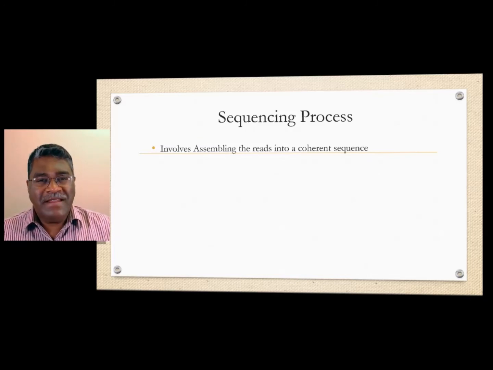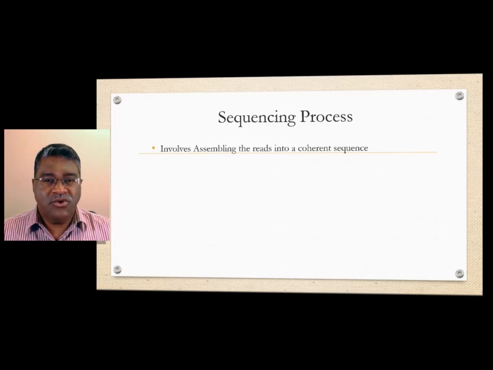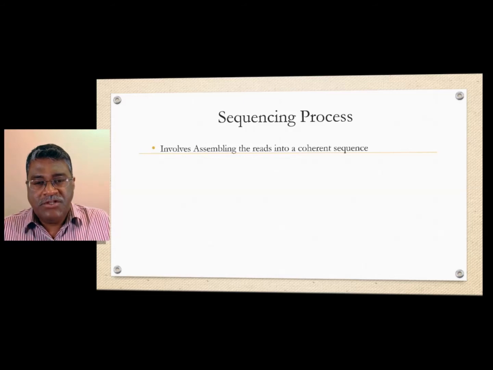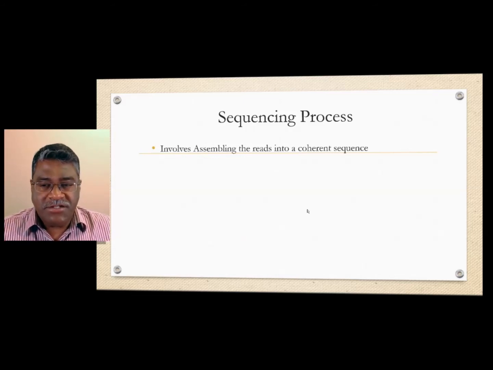Now expand this exponentially. These reads are 20 to 50 nucleotides long. Now you've got to take each of these reads and stitch them together at a genomic level. Okay, so the sequencing process following next generation sequencing involves assembling the reads into a coherent sequence.